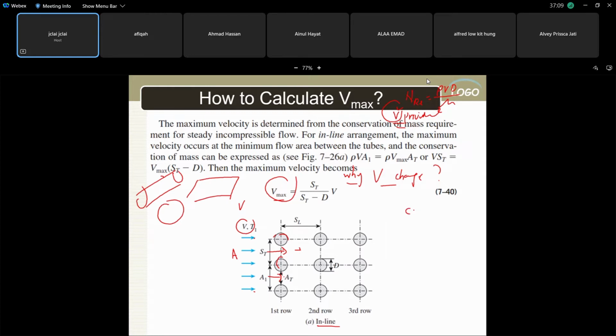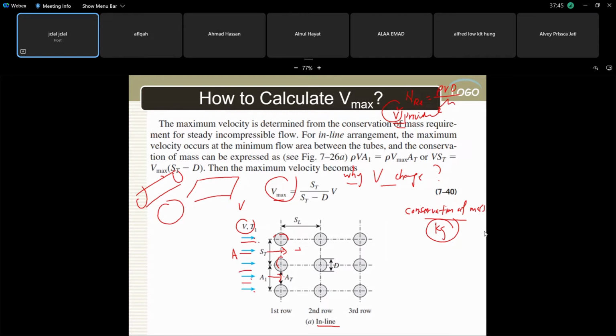So when you come back to the conservation of mass, at this area, the area is big, right? If we assume conservation of mass, this amount of fluid is passing through per second.